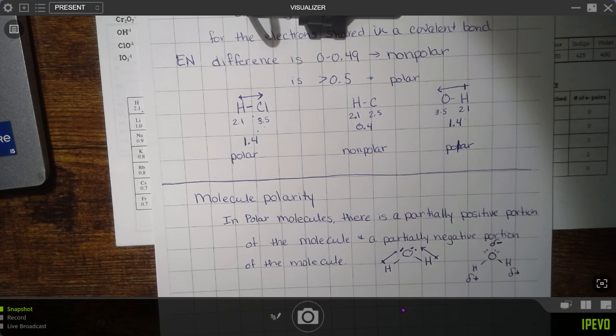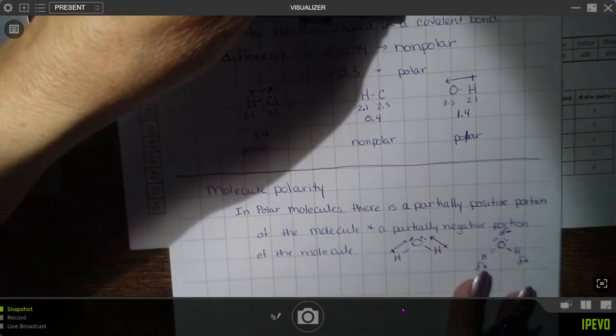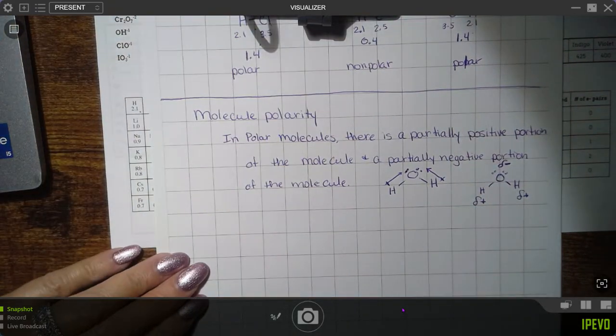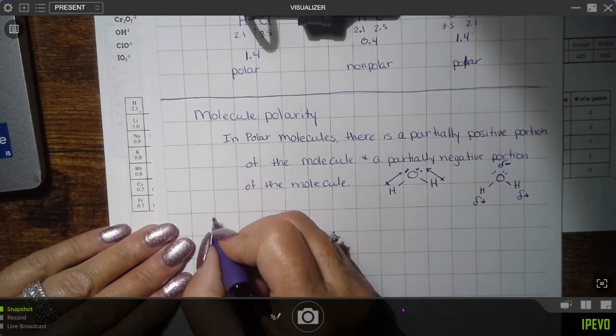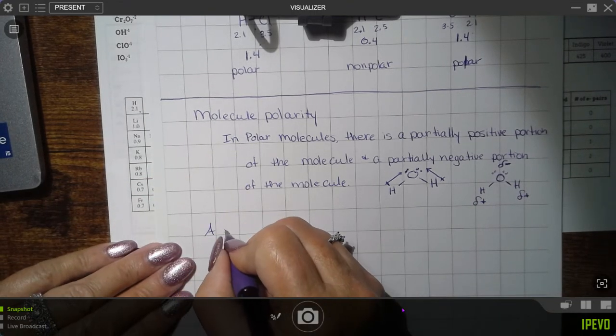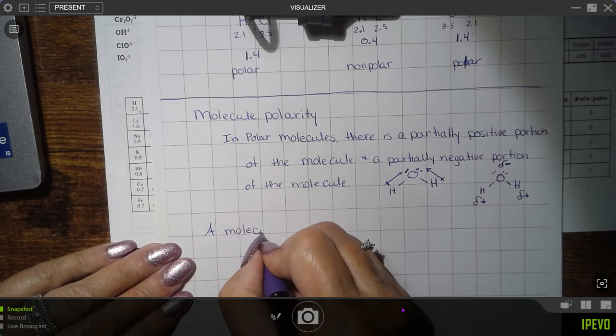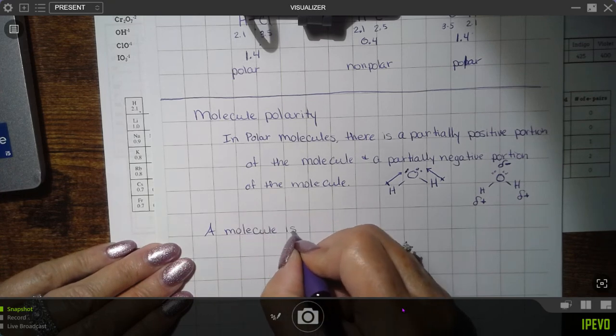And I'm going to give you a different way to determine if a molecule is polar rather than figuring out the electronegativity of all of the different elements and bonds. So here's what we would look for to determine if a molecule is polar.